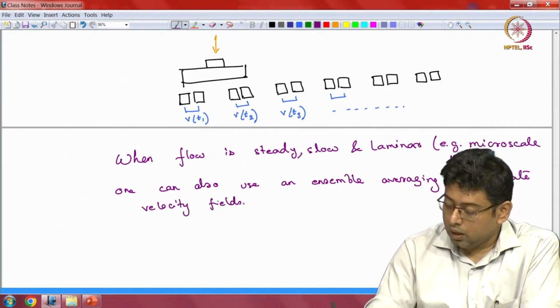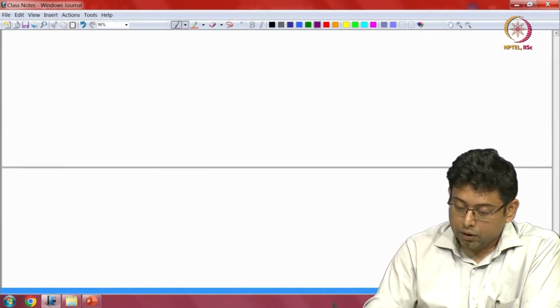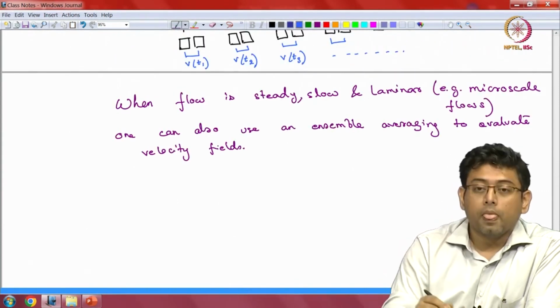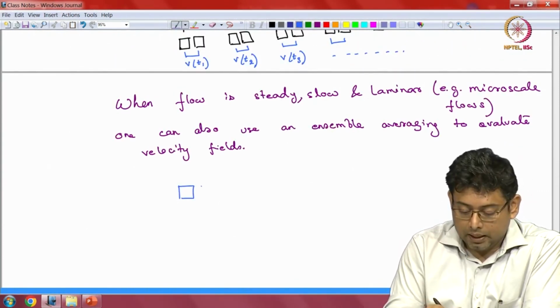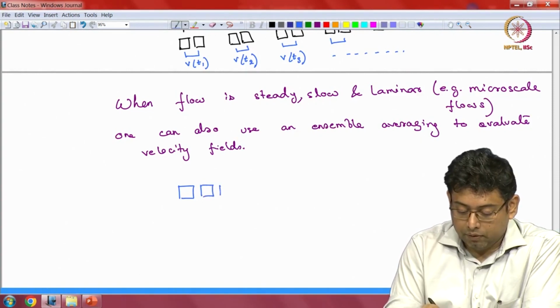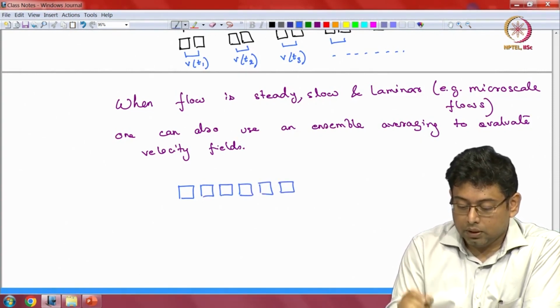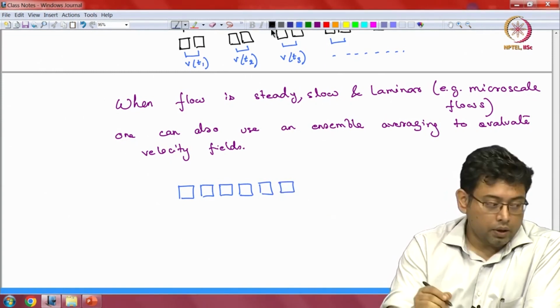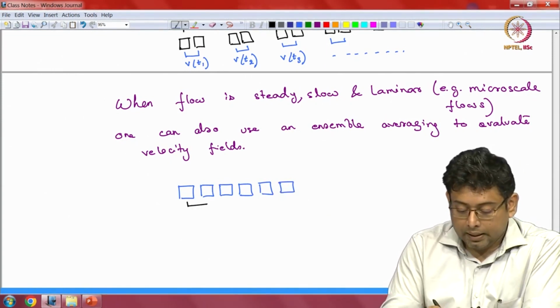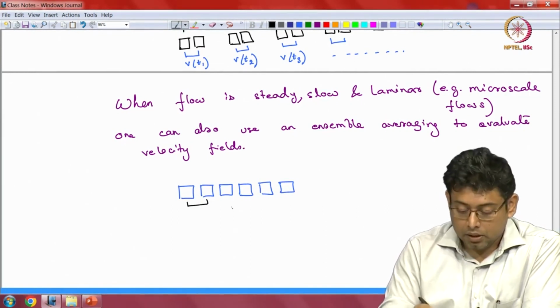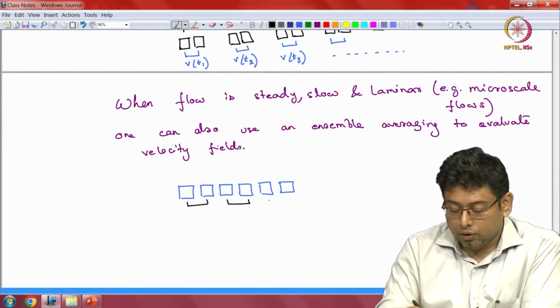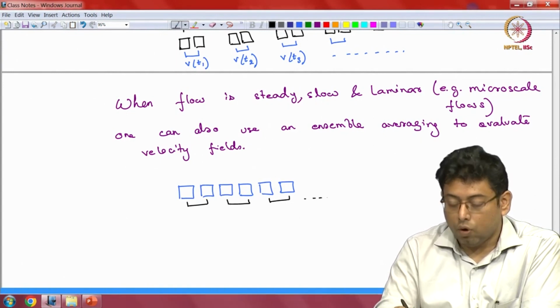Well, in such a case, you can use a normal camera, and then you can take images such that the images are equally spaced away from each other. So let's say you have taken a sequence of images, and then you can calculate, let's say, the correlation peak between these two images, then subsequently these two, then subsequently these two, and so on.